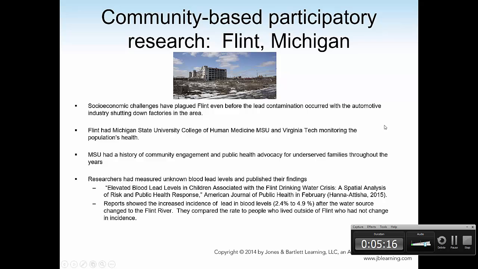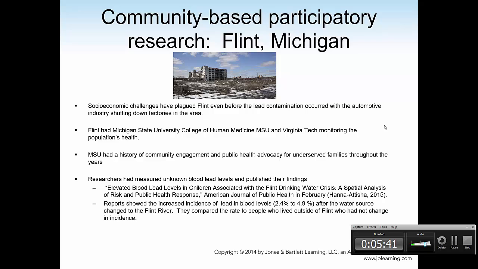And so this particular report showed the increased incidence of lead in blood levels from 2.4 to 4.9% after the water source had changed in the Flint River. Now, we are going to talk more about this crisis when we get to specific water contaminants, intoxicants.